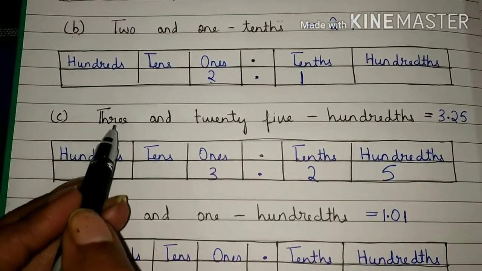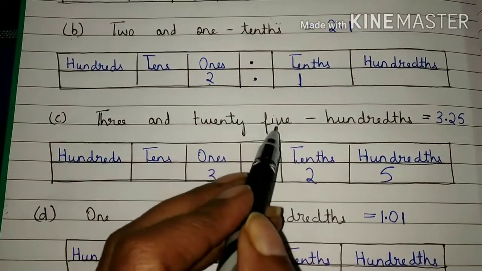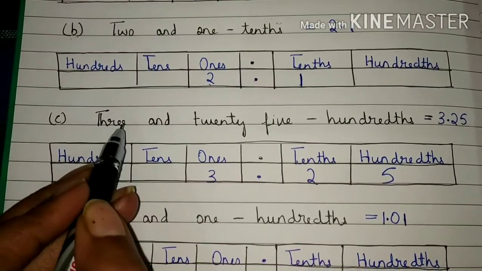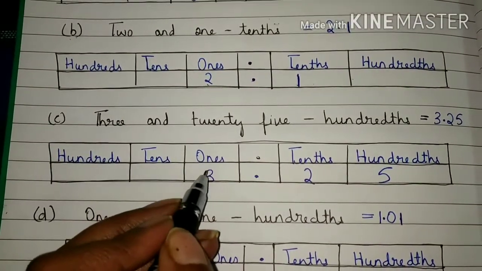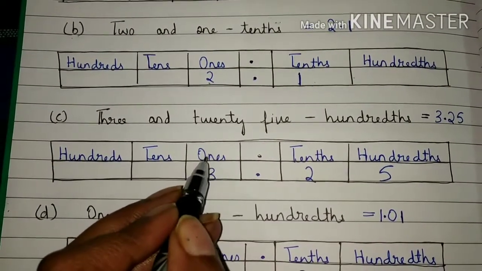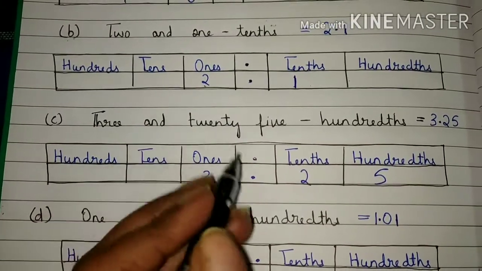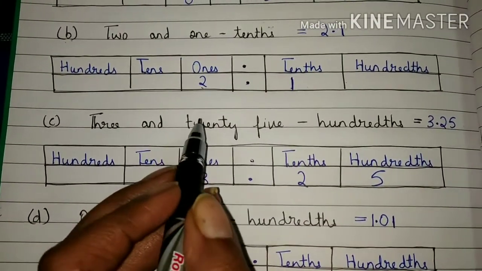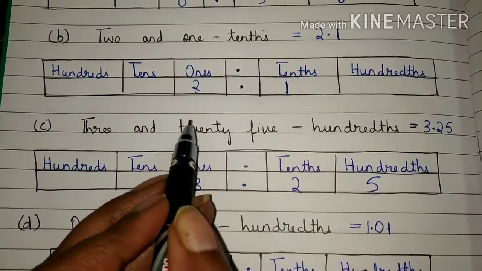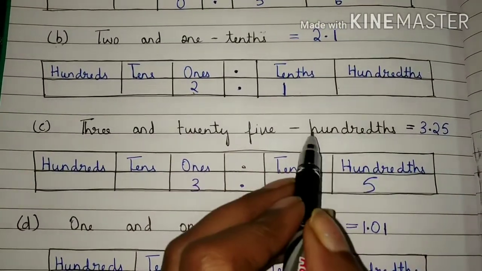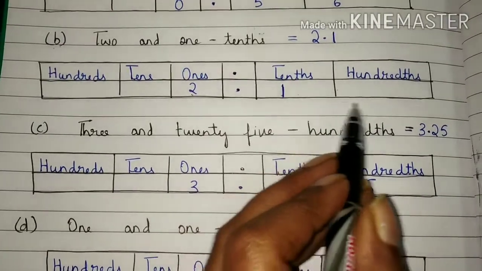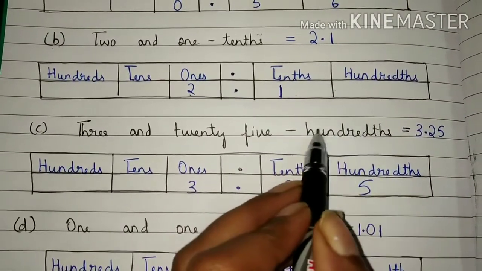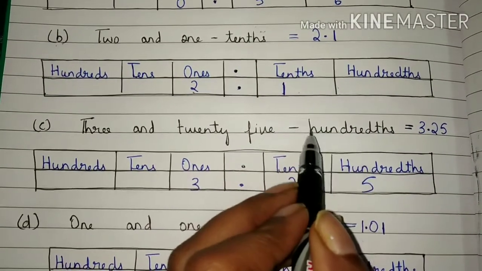Question is 3 and 25 hundredth. Students, for 3, you will write 3 at ones place. For and, you will put a decimal point here. After that, number name is 25 hundredth. Students, here place is hundredth. And you know that hundredth place will come after the decimal point.